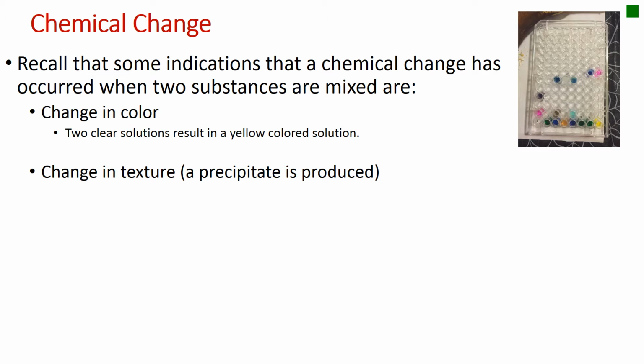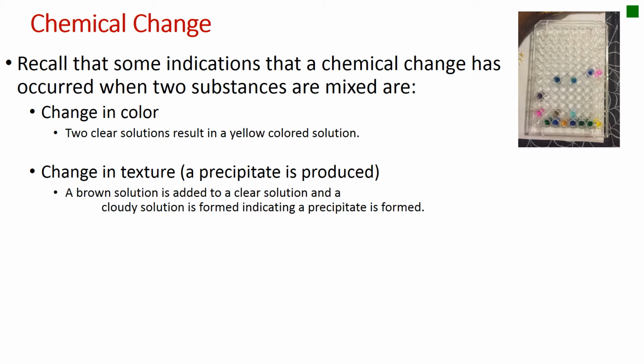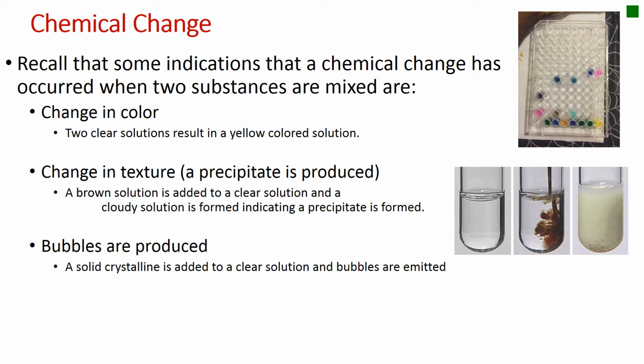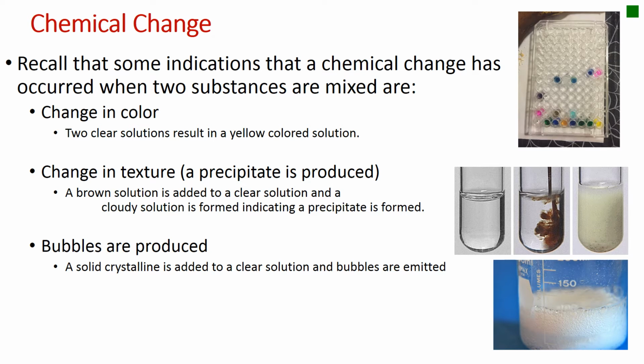A change in texture, in other words, a precipitate is produced, such as when a brown solution is added to a clear solution and a cloudy solution is formed, indicating a precipitate is formed. It might be a little jelly-like, or it might be an obvious solid settling on the bottom. When you mix two substances and you see bubbles produced, such as when you have a solid and you add a clear solution to it and you see a bunch of bubbles coming off.